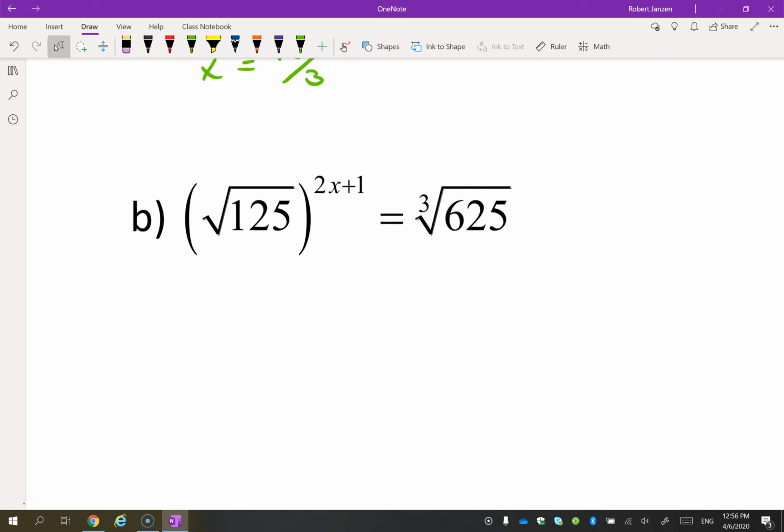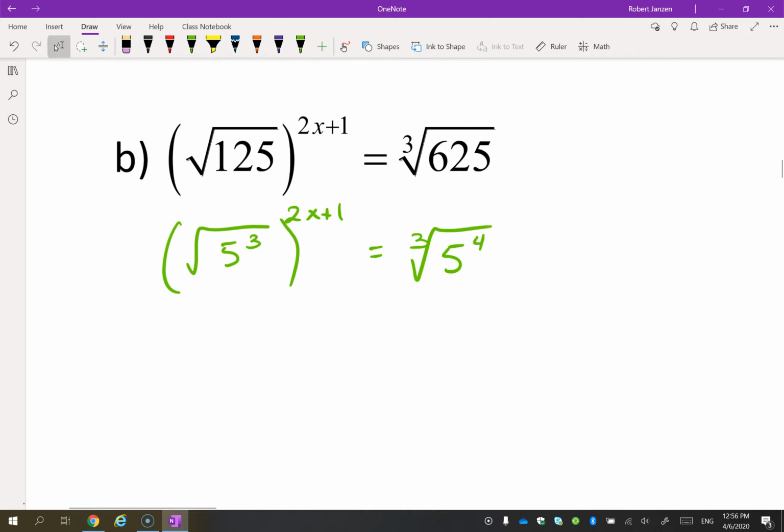Okay, let's try this one. So we've got a couple things. We've got bases that are different, and we also have radicals that are different. So let's change some things here. I'm going to write this as the square root of 5 cubed. So you could do this in one step, but I'm going to do it in two. And then I'm going to write this as the cube root of 5 to the power of 4. Okay.